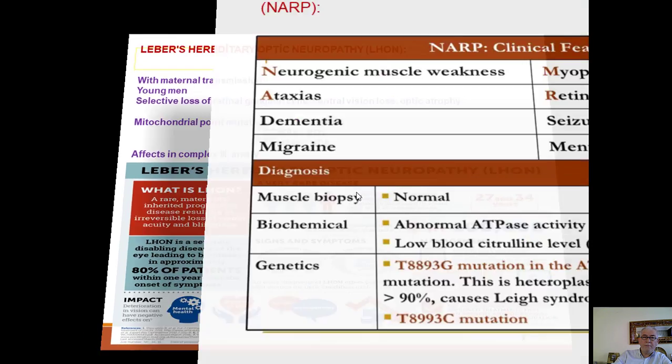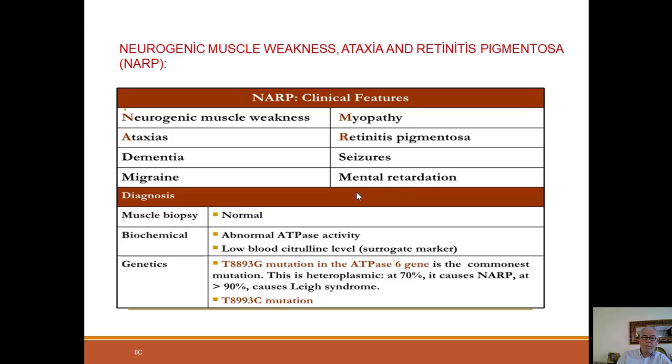And the second one is neurogenic muscle weakness, ataxia, and retinitis pigmentosa. And we can see some pictures in this disease. For example, neurogenic muscle weakness and dementia, ataxia, and migraine type problems, myopathy, retinitis pigmentosa, and mental retardation.